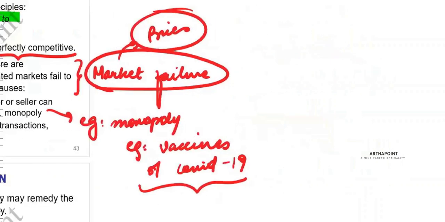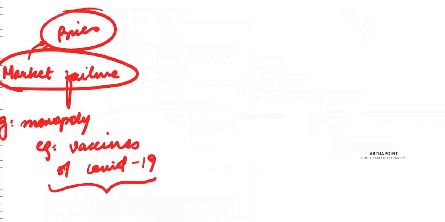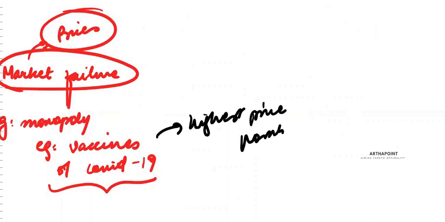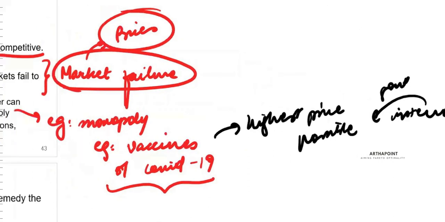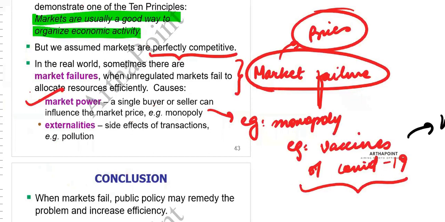If you can charge whatever price you want, you will charge the highest price possible. So in this case, you want government to intervene. Whenever we have market power, whenever we have a single buyer or seller who influences the market, we need government intervention.